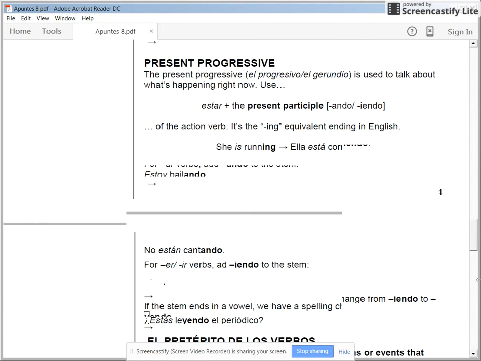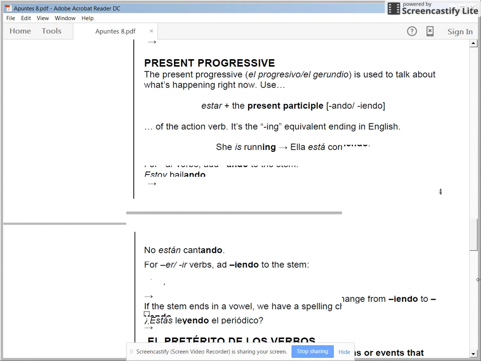So the present progressive, also called el gerundio or el progresivo in Español, is used to talk about what's happening right now, what is progressing, which is where it gets its name. So you would use the following formula. The verb estar. There are other verbs that can also start, but estar is the one that you know how to use and conjugate. So that is the one that is typically used to introduce this verb tense.